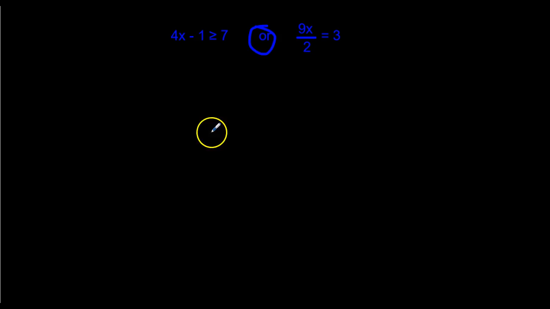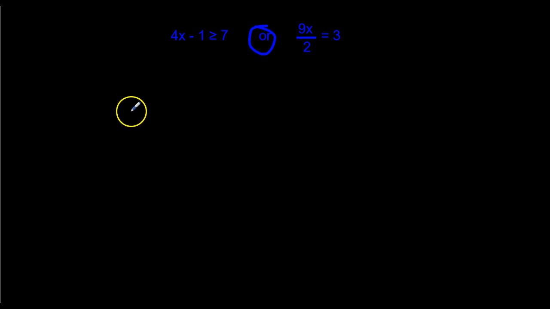So say Mr. Bridenstine isn't going to be in his office between the hours of 3 and 4. So we could say you either have to come before or you have to come after 4. So it does happen, and I would rarely make you solve an inequality to figure that out.